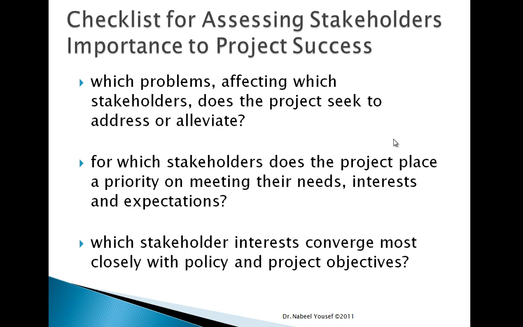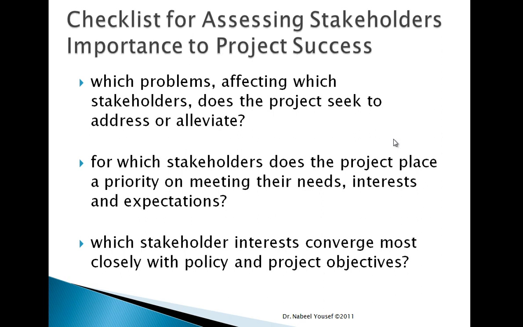To make sure that we covered everything when assessing stakeholders' importance, we will develop a checklist, and the checklist will make sure that we did not miss anything during the assessment. The first one in the checklist: which problems affecting which stakeholder does the project seek to address or alleviate?